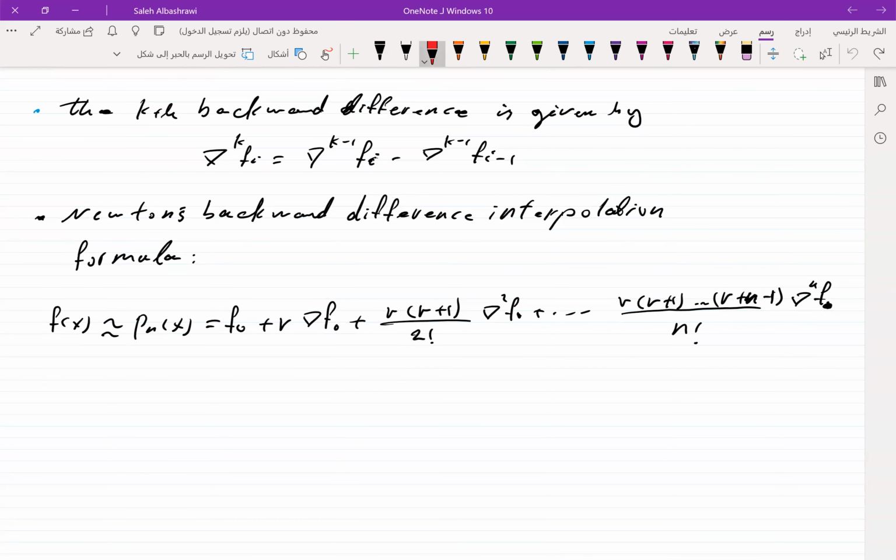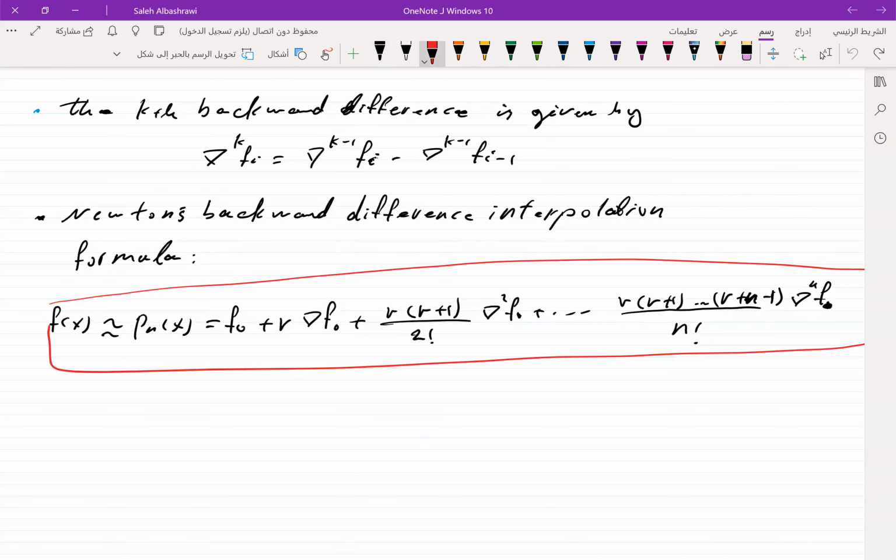So this is the backward formula for the Newton's difference interpolation.